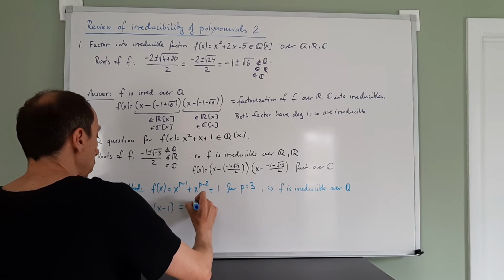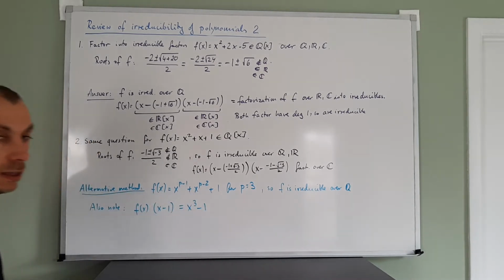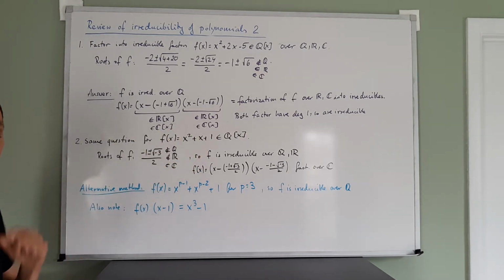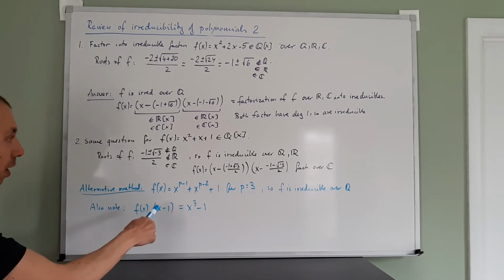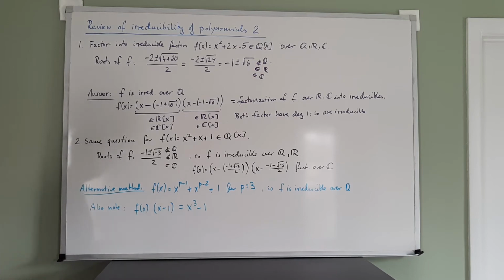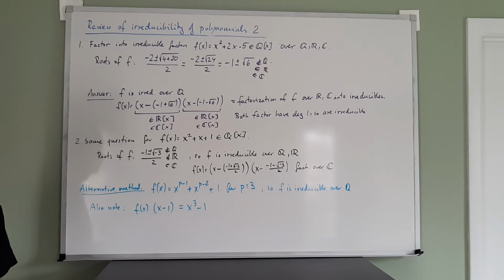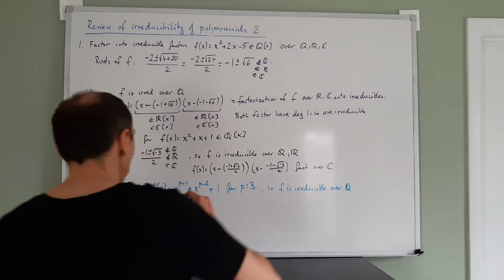If you do the multiplication, you get x cubed minus 1. So what does that tell me? This tells me that the roots of this polynomial are cube roots of unity. And I know that there are 3 cube roots of unity. One of them is 1, and then there's zeta 3 and zeta 3 squared. And because 1 is not a root of f, the roots of f are zeta 3 and zeta 3 squared.